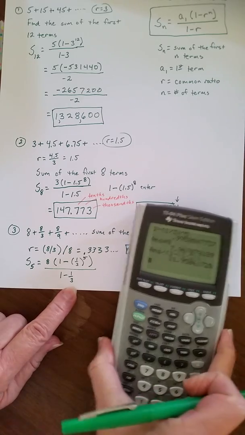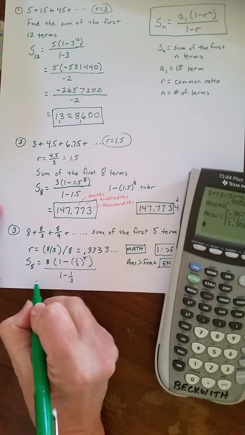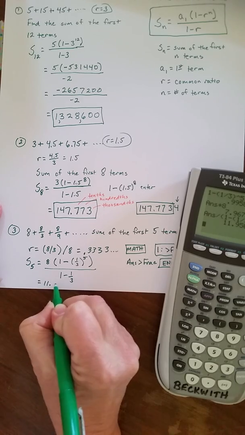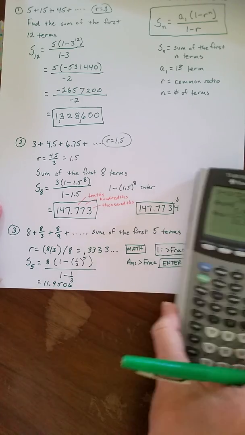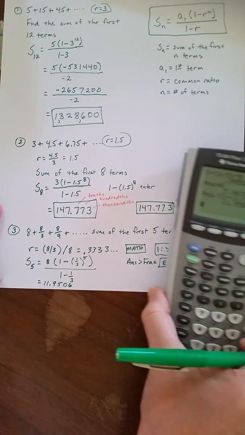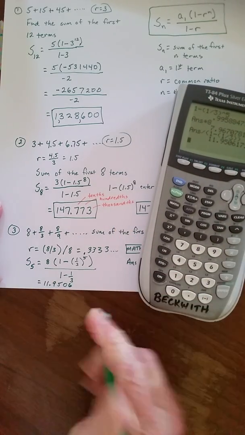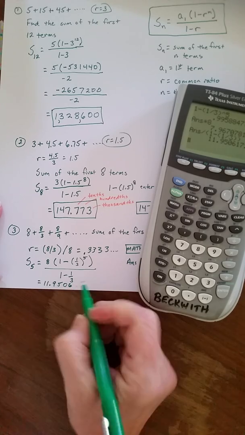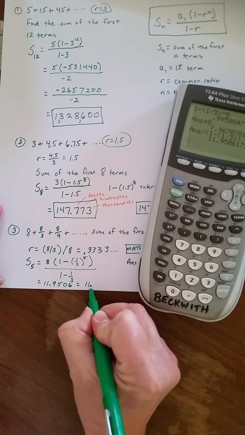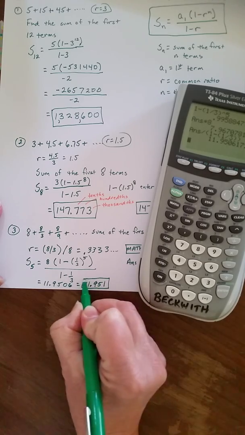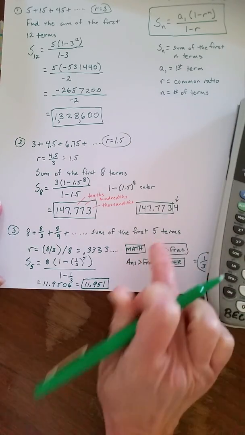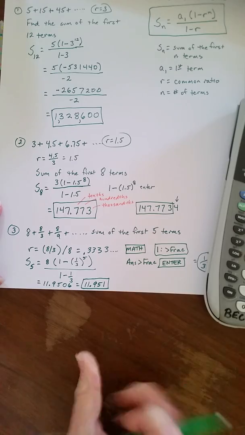Now hit enter and I get 11.9506. Now if I want to round to the nearest thousandth, I'm going to round up to the 1, so it's going to be 11.951. That will be my final answer for the sum of the first 5 terms of that.